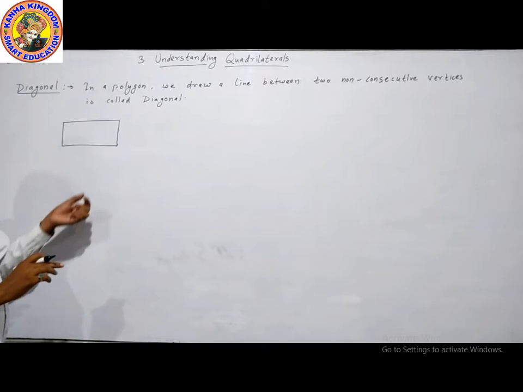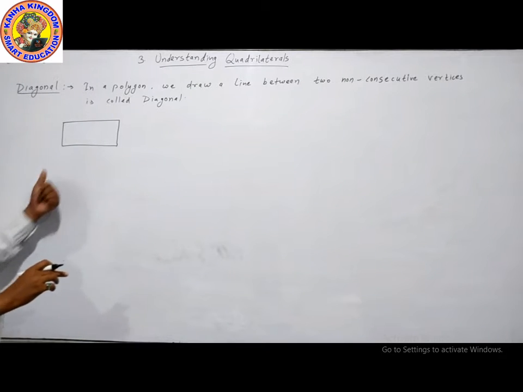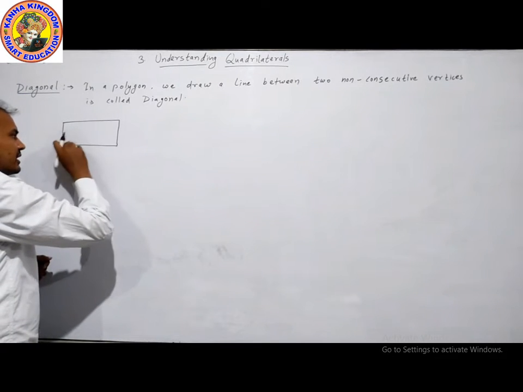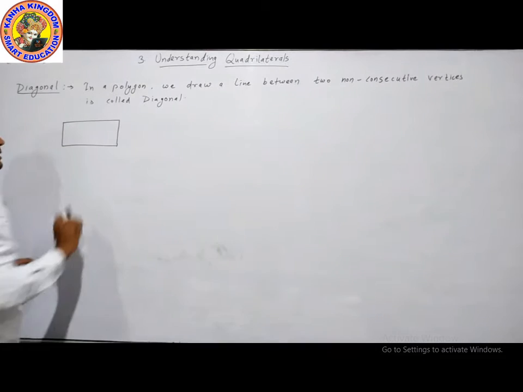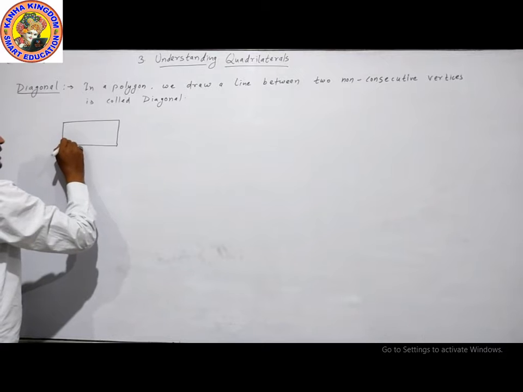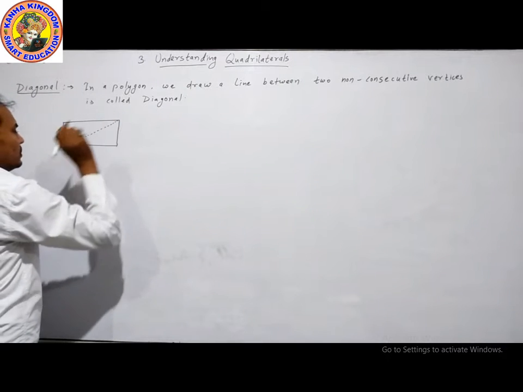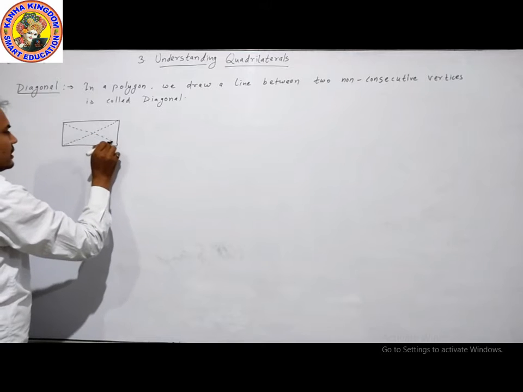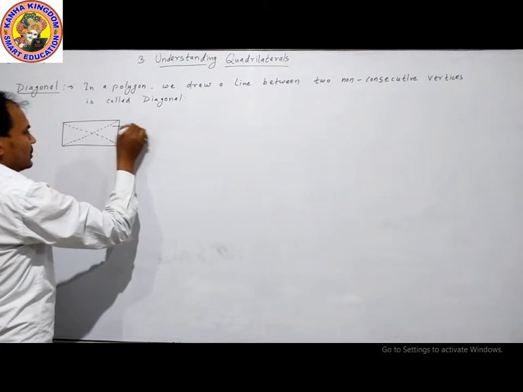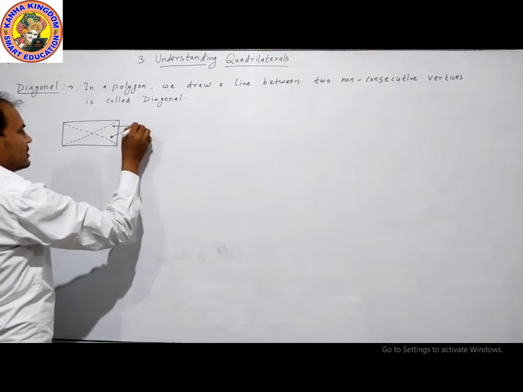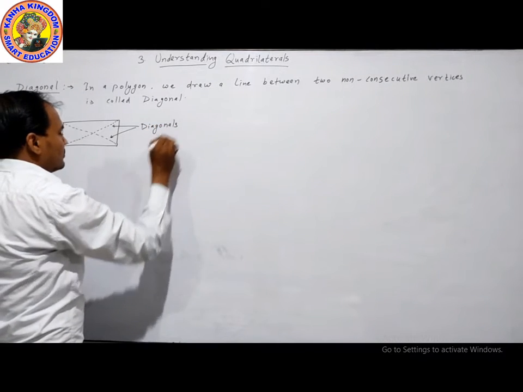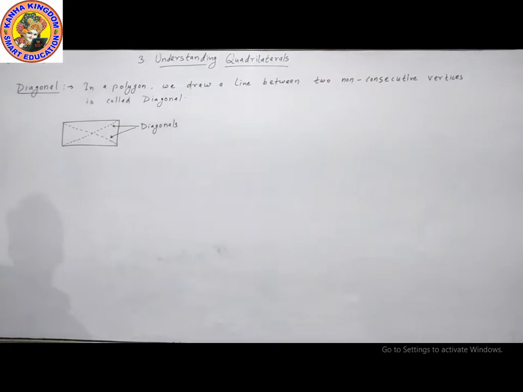If the two vertices join each other, called consecutive, and non-consecutive, this vertex and this vertex not directly joined by a line. If we draw a line between two non-consecutive, called diagonal, so these are our diagonals.